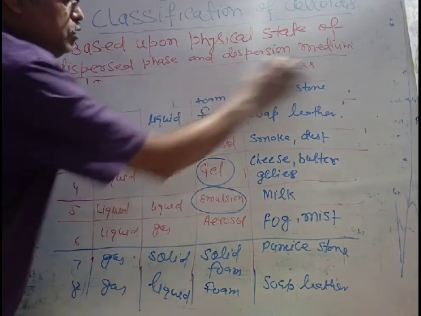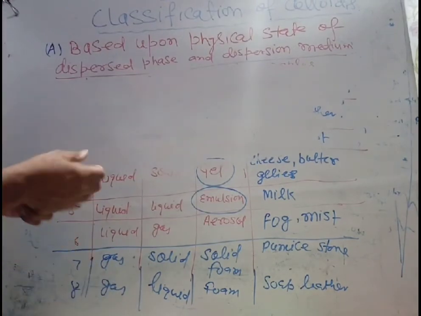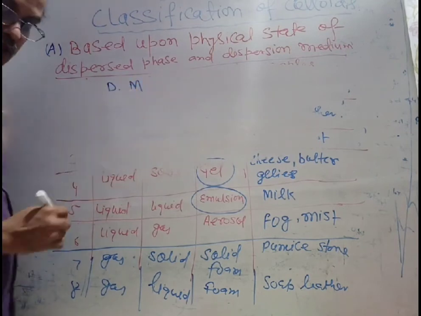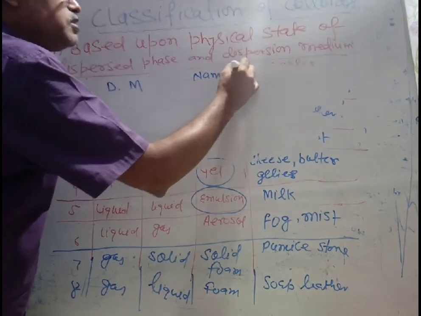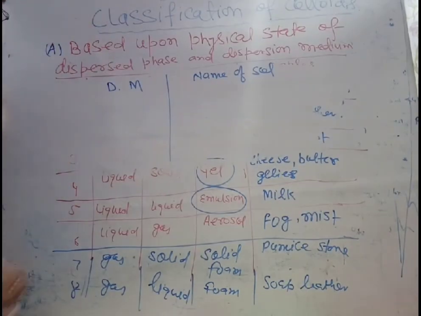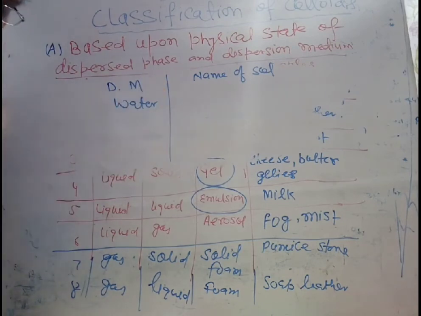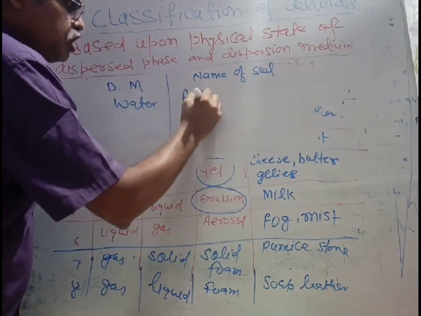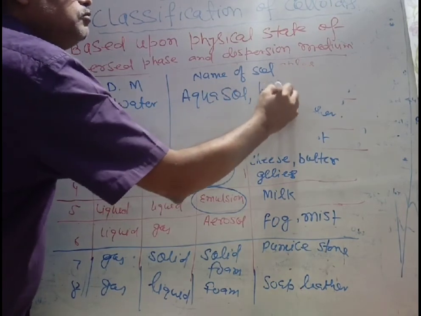See, here we write first dispersion medium, DM, and here the name of the sol, means name of colloidal solution. Right. If the dispersion medium is water, what will be the name of colloidal solution? Aquasol or hydrosol. Aquasol, you can write, and hydrosol.